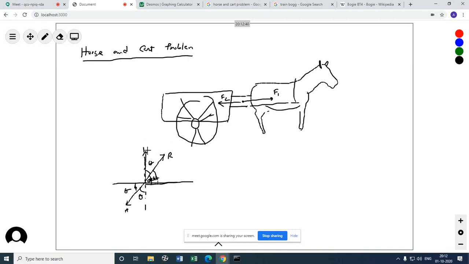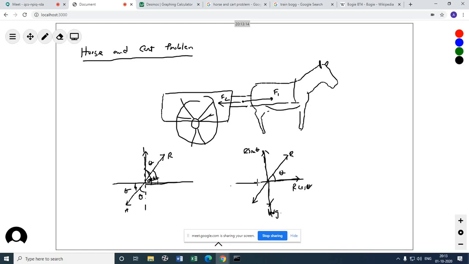Okay, so it doesn't matter. If you are taking this angle, then you will see that the weight of the object, I'll do it here again. This is theta. You can break it into two components, R cos theta and R sin theta. R sin theta balances the weight of the cart and the block, the overall weight, mg.